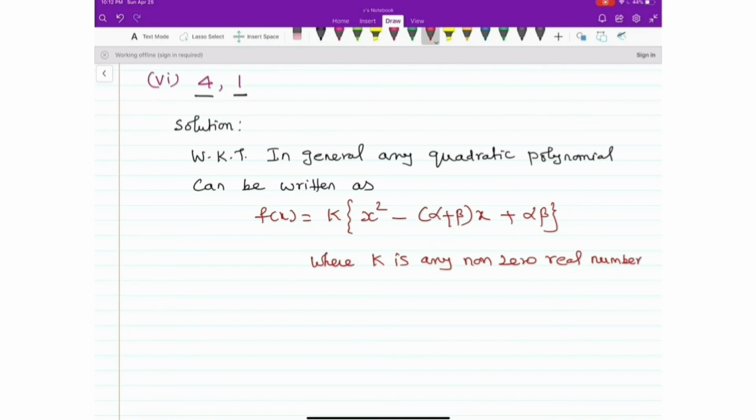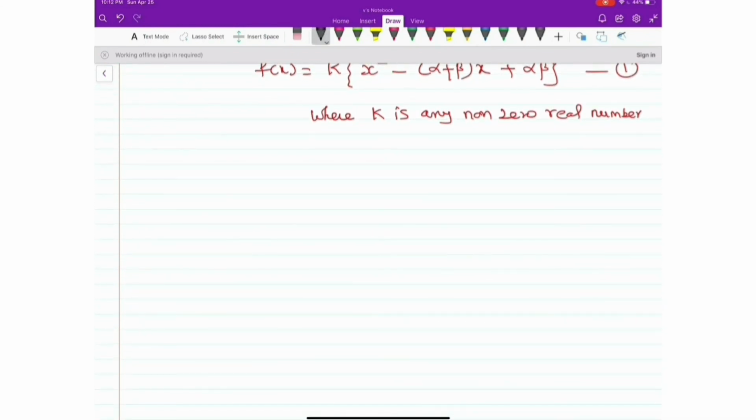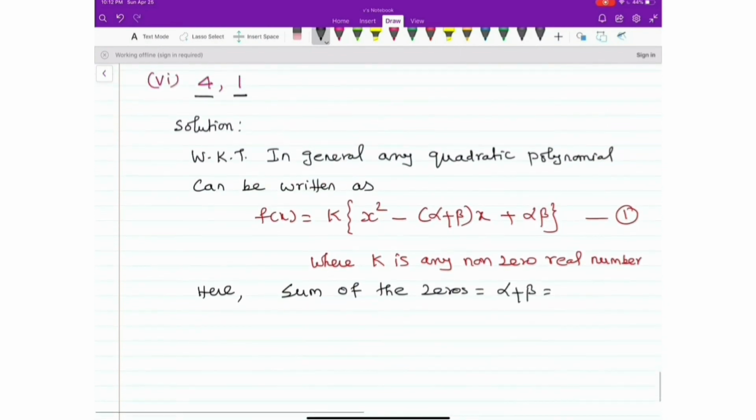Let me write this polynomial as 1. What are things given to us in this question? Here, sum of the zeros is equal to alpha plus beta is equal to 4.